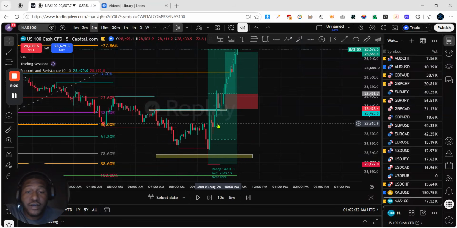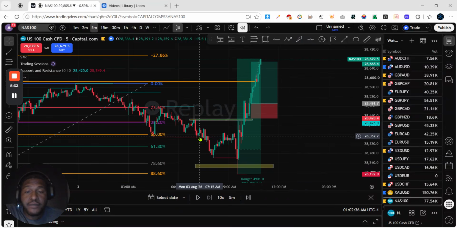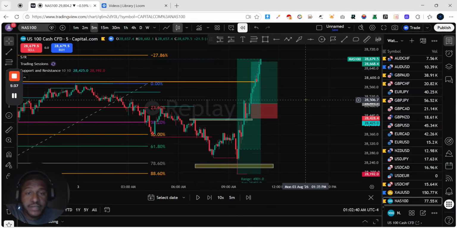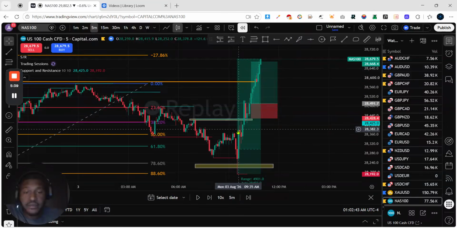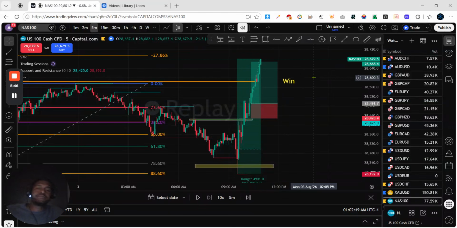However, if I follow market structure and just be patient, I can clearly see when price is reversing or not. So Monday is a win. Win, baby.